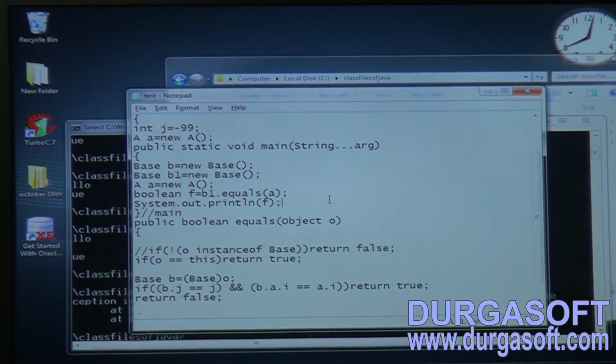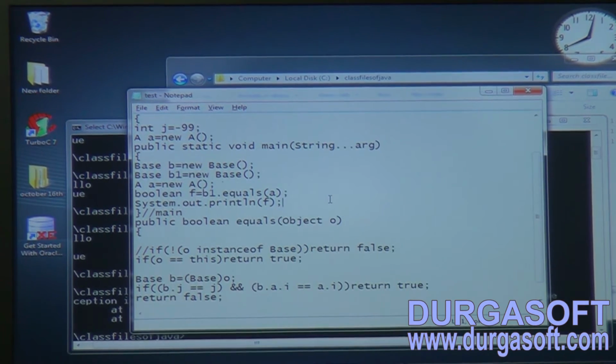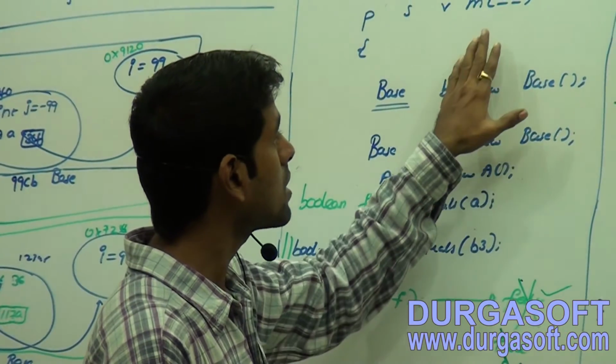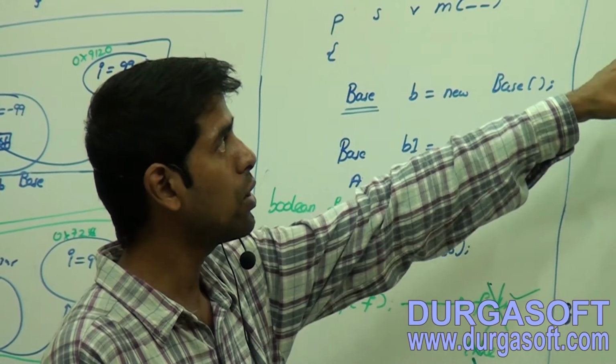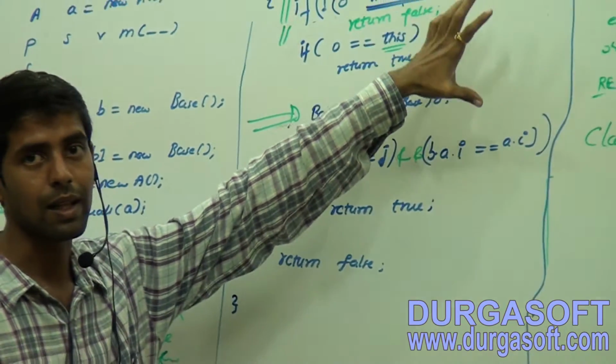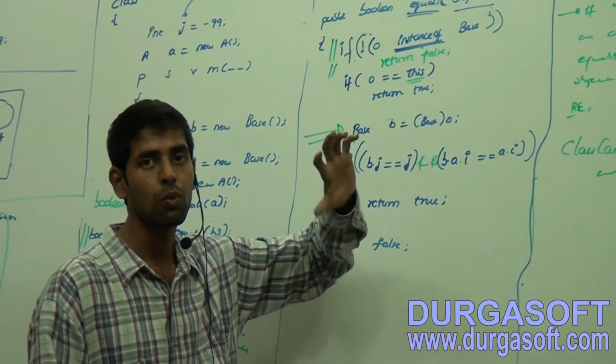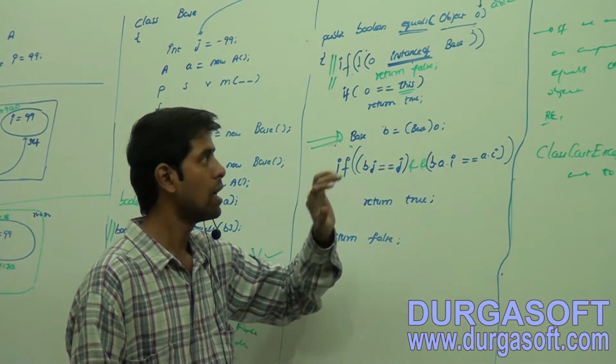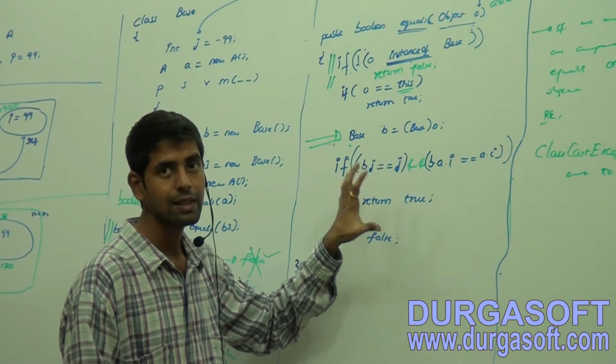And one more thing: if I pass any null value to this equals method, what happens? You are performing typecasting and you are also doing some accessing here.